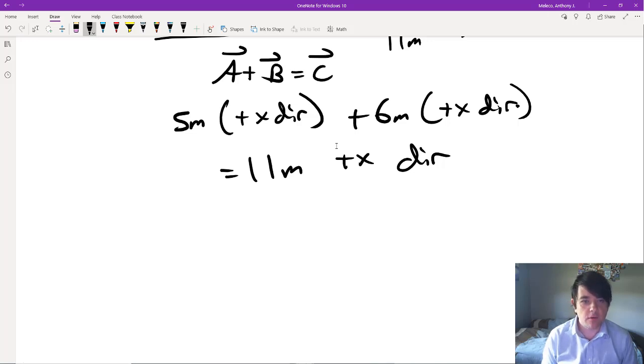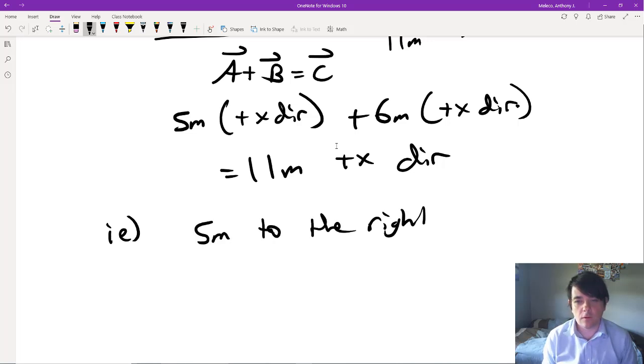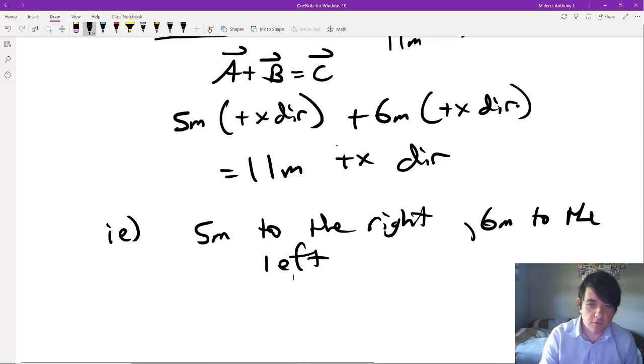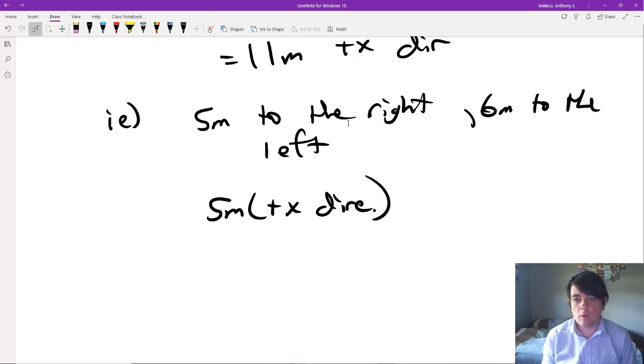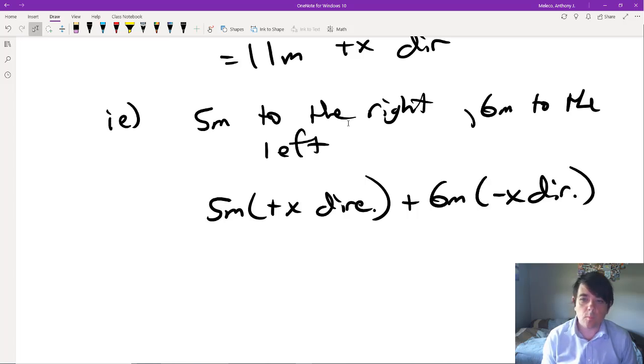So how about this example? You have 5 meters to the right, 6 meters to the left. You would write this as 5 meters positive x direction plus 6 meters negative x direction. And then what you would do is you'd pull this out.